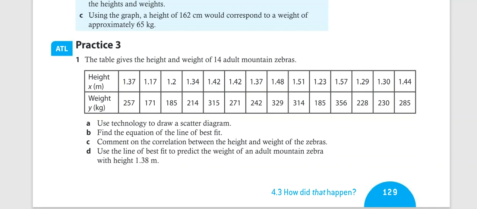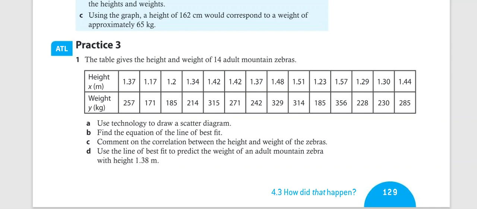What I still want you to do is go through and decide where you think the line of best fit will be. Now, the issue with that is, if the answer in the back of the book is based on what the computer thinks the line of best fit will be, and yours is slightly different, your answers will be slightly different, yeah? But they should still be reasonable if your line of best fit is reasonable.